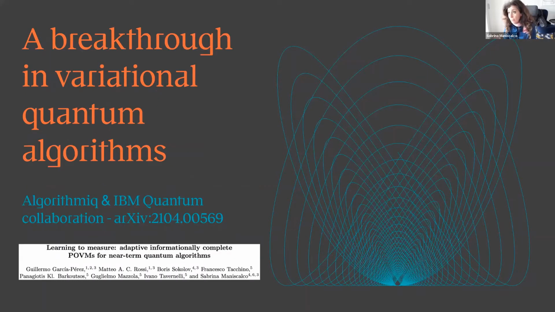An example of what we do has to do with a recent collaboration with IBM Quantum in Zurich, where we introduced a very important step in variational quantum algorithms, a type of quantum algorithms for near-term devices. There we proposed an algorithm which learned how to perform the best measurements in order to find the ground state of molecules or to solve variational problems.